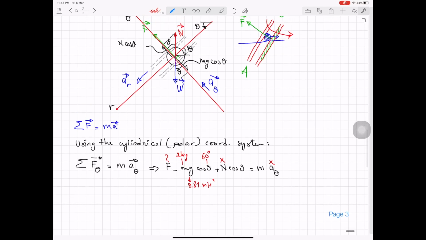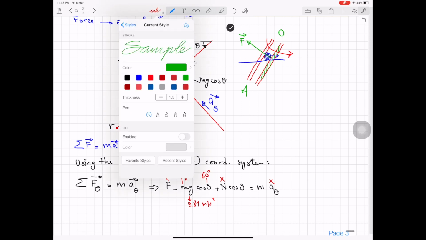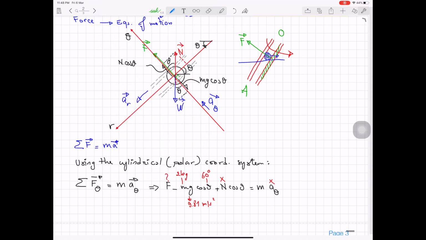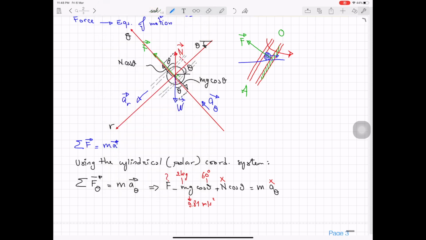So N has another component on the R axis, on the radial axis. So that component is this. Let me just put it in black. We are talking about this component. Now this component is N sine theta.